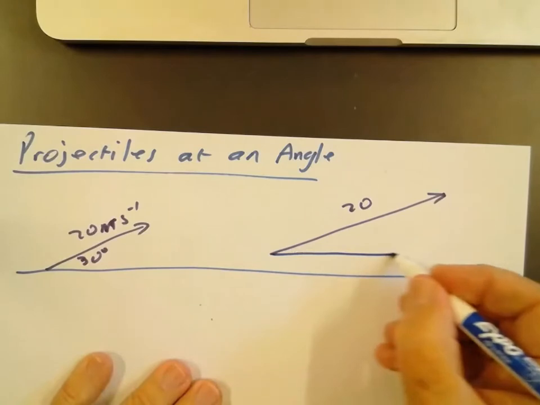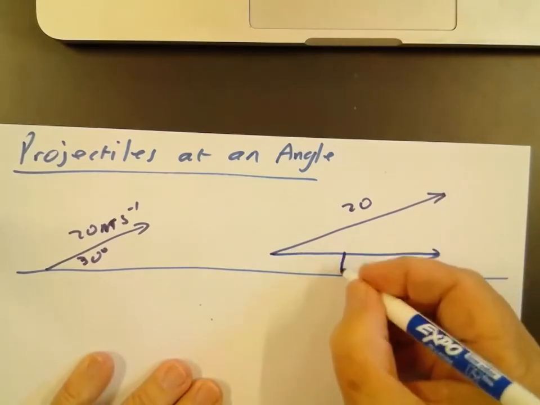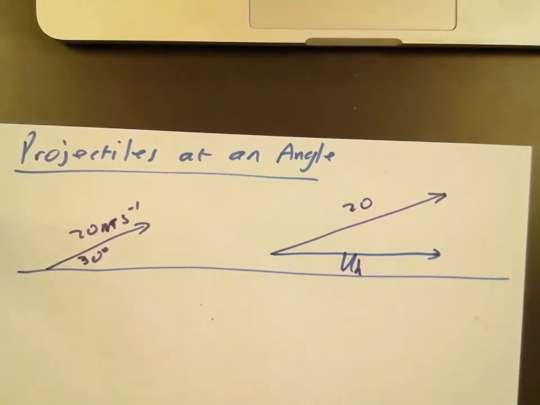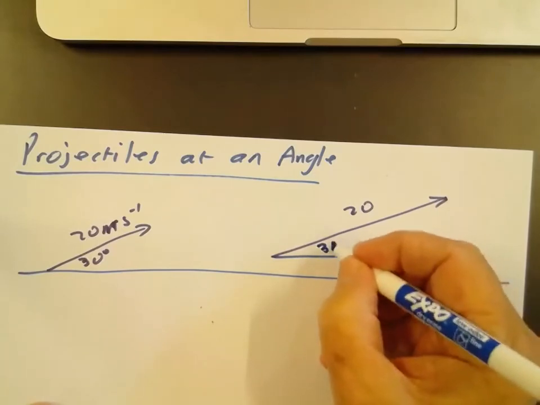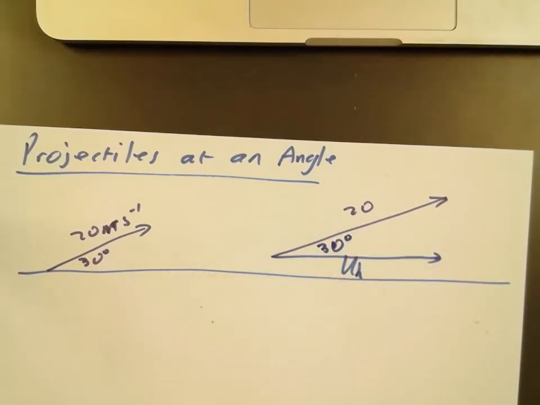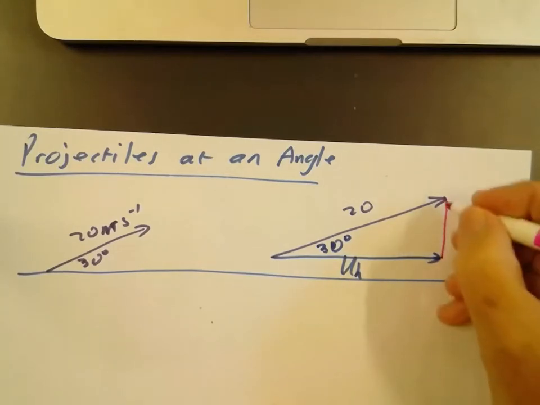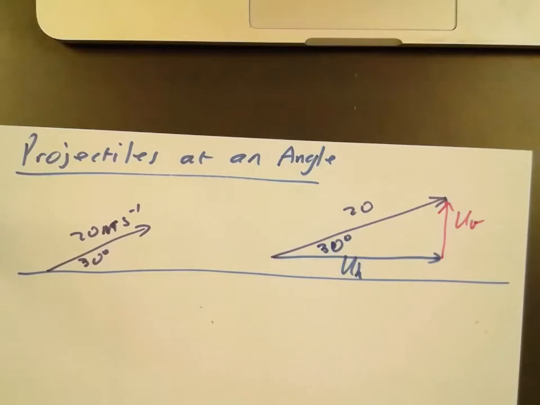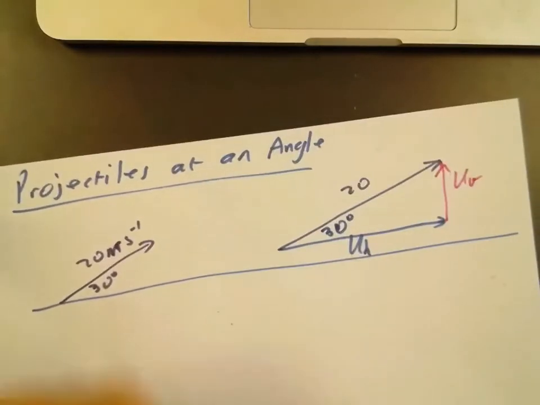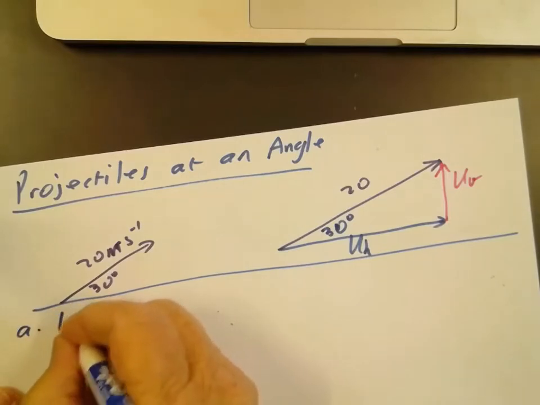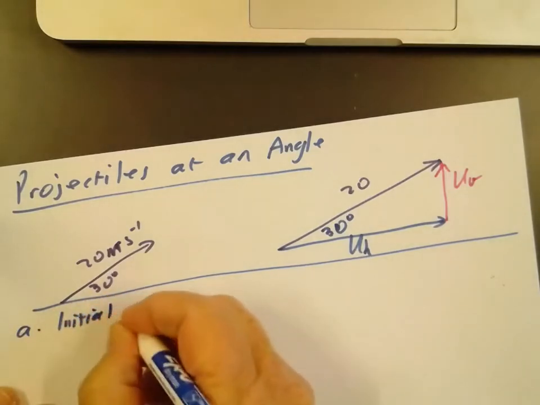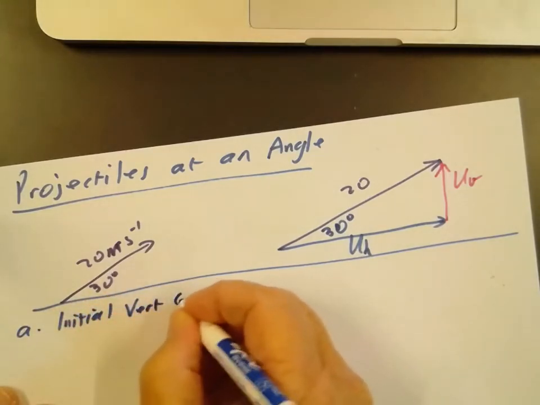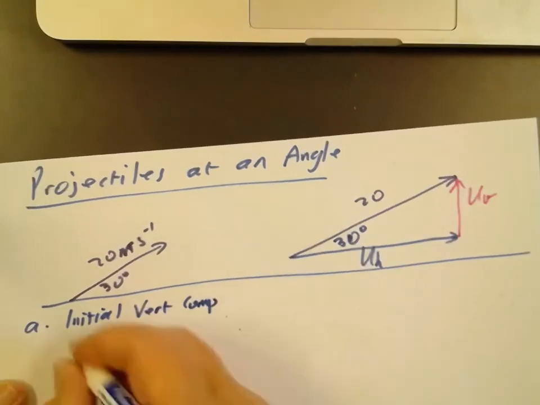U horizontal, 30 degrees, and this is breaking them into components, U vertical. So A, initial vertical component, and B, initial horizontal component.